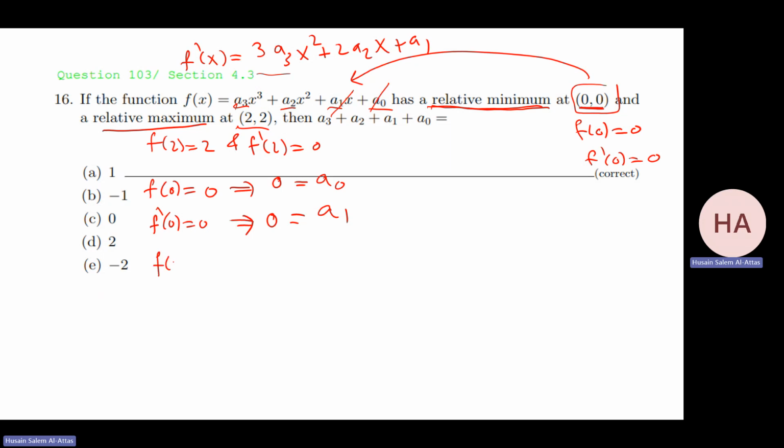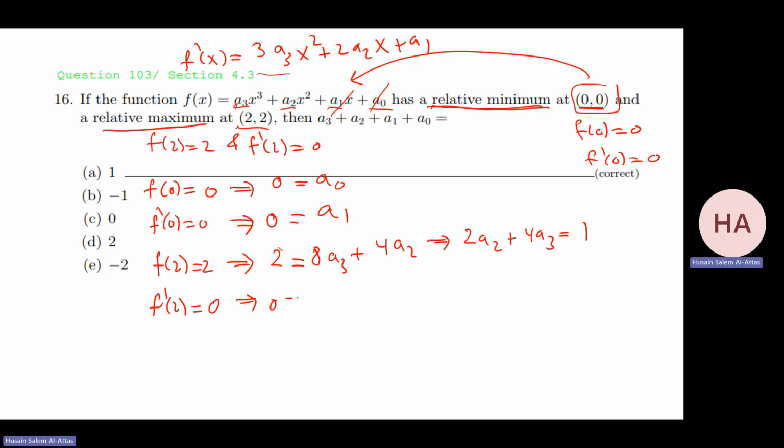f at 2 equals 2. That implies what? 2 equals 8a3 plus 4a2. I divide by 2. So I have 2a2 plus 4a3 equals 1. This is my first equation. Second equation, f prime at 2 equals 0.